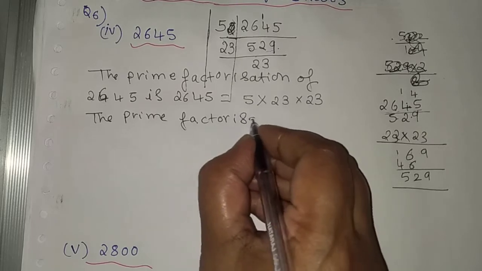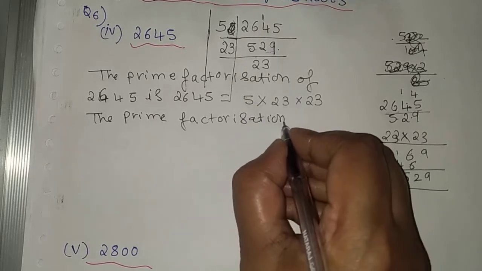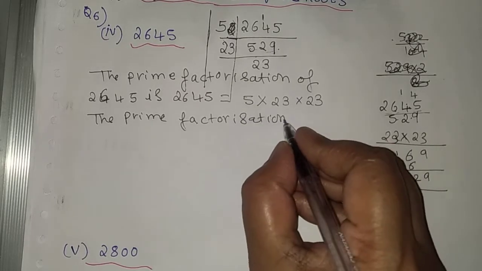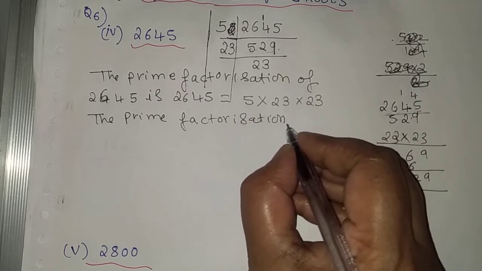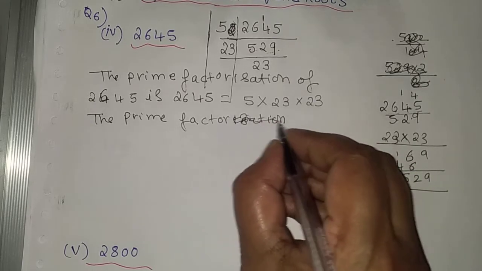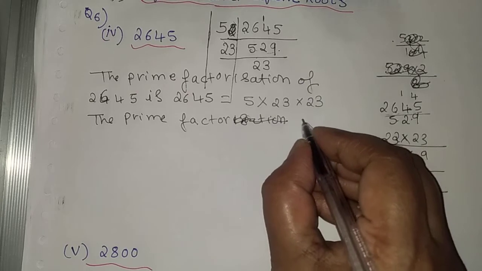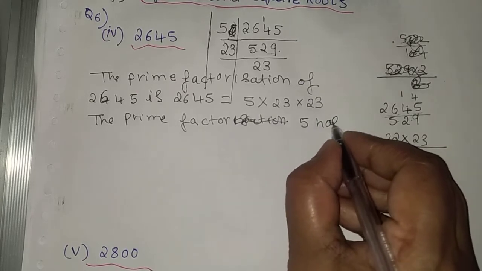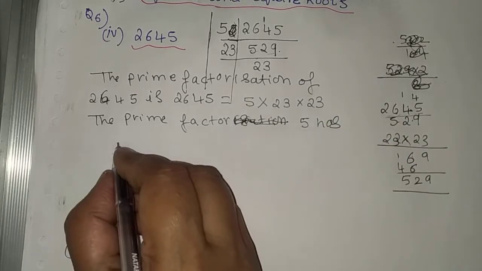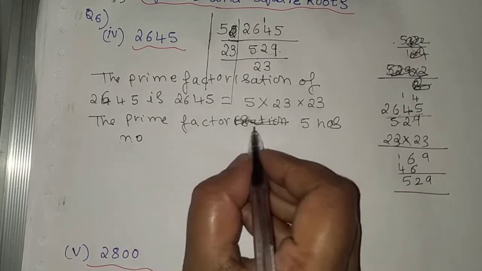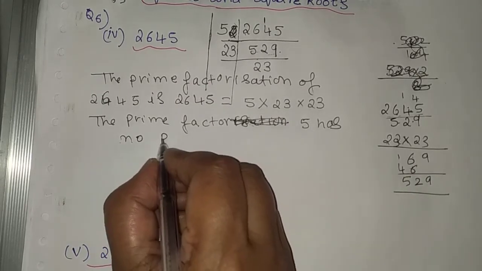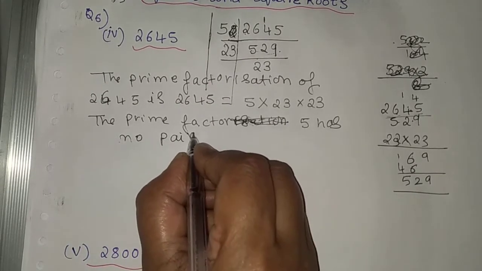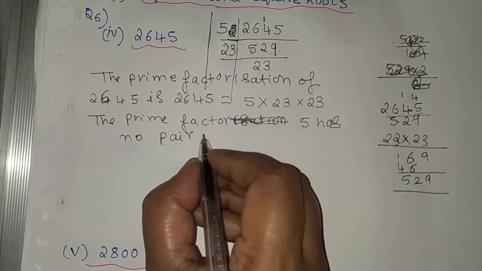Here, as in the previous problem, the prime factor 5 has no pair.